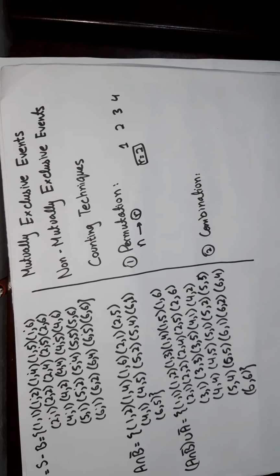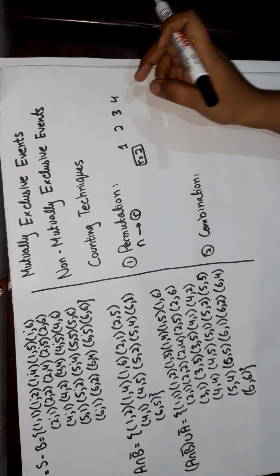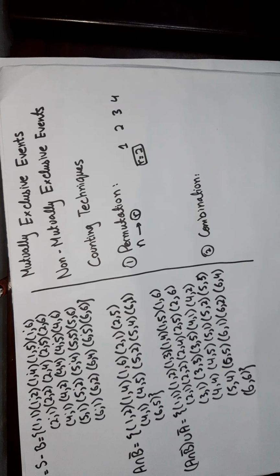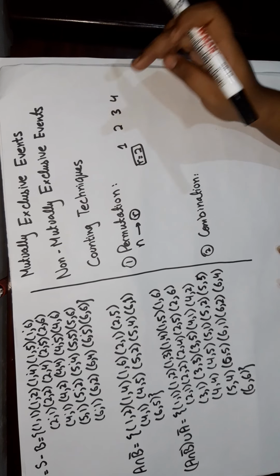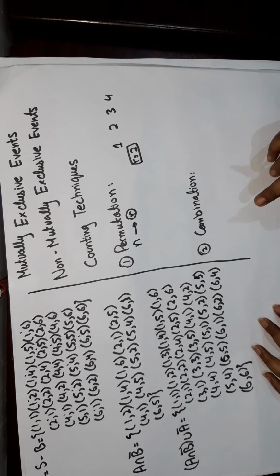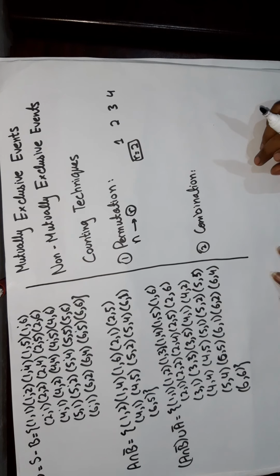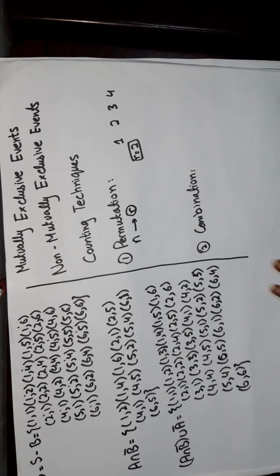So this is only 2 from 4, but there are problems in which you have to select 10 items from 100 items. Then manually it is not possible, or it is very difficult. So then we use some counting techniques to know the total number of ways in which the selection can be done. So the first one is permutation.